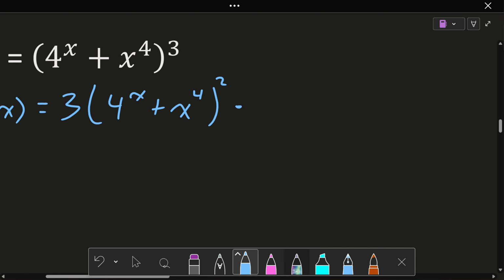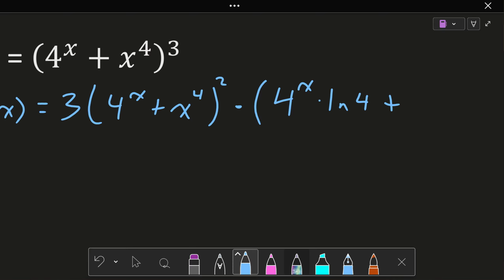So the derivative of what's inside, we write down my 4 to the x, then we times that by the ln of my base, times the derivative of my exponent, which is just 1. And then I can look at the second term, the derivative of x to the power of 4: bring the exponent down, subtract 1.